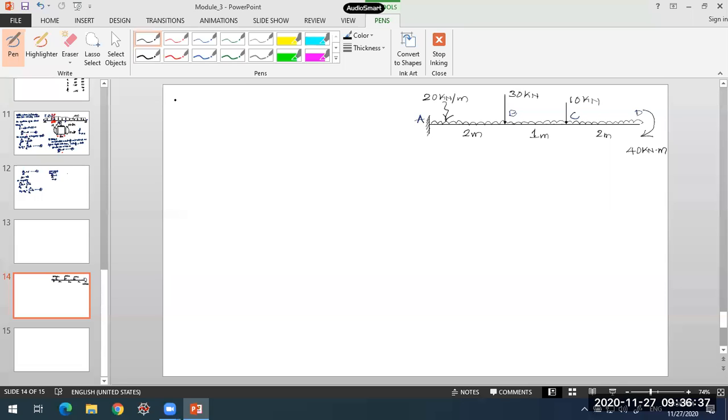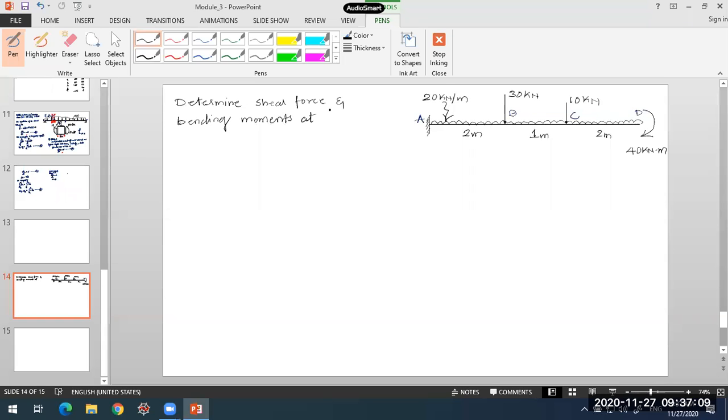So determine shear force and bending moment at every 1 meter interval.